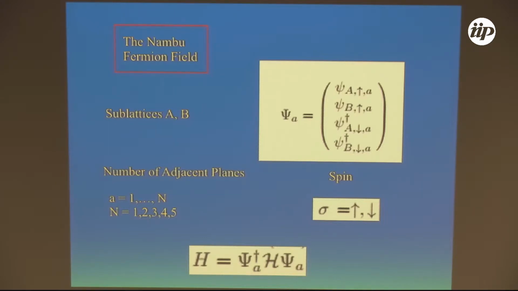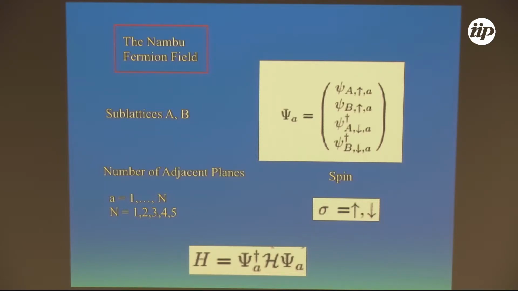I'm allowing for many layers, and I call A just a flavor-like number, specifying to which layer these holes belong. So it goes 1 to n.